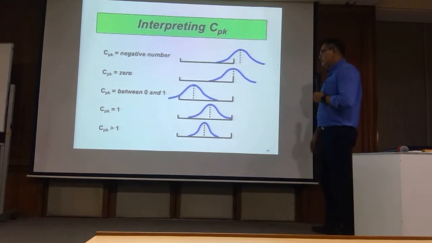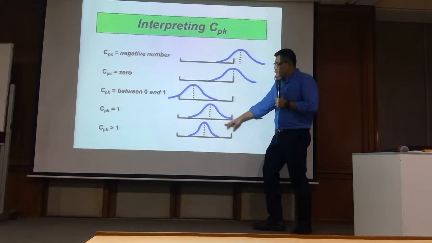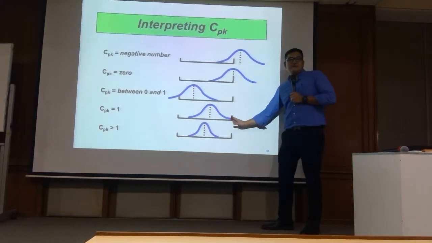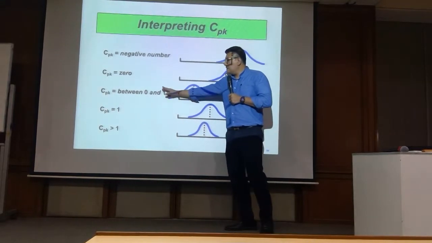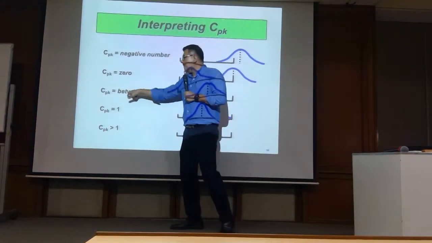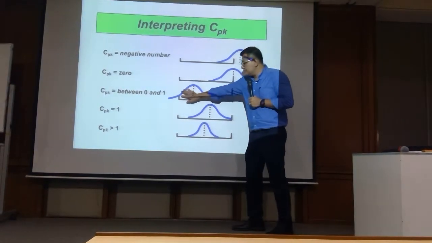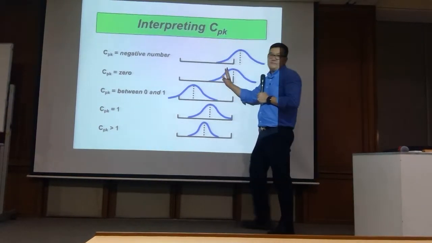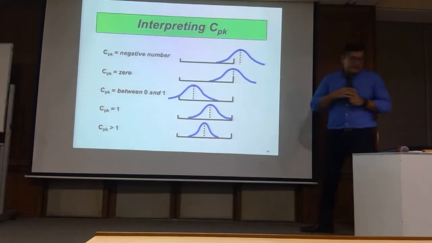But if CPK equals 1, it still stays within the spec, but one side of them is a perfect match with the limit. If you have CPK around a positive value, it means the majority stays within the spec. If CPK equals 0, just half of them. If CPK is a negative value, the majority is out of spec, something like that.